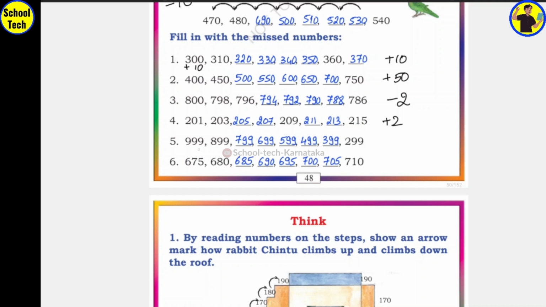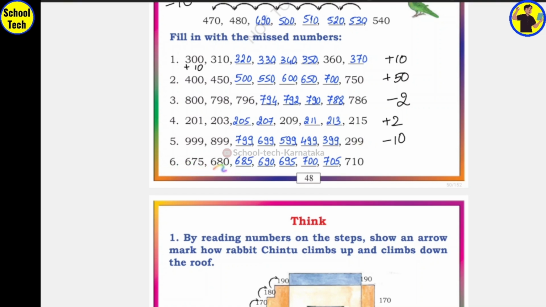So 999 minus 100 is 899. Here we are jumping 100 steps in the backward direction. Then 799, 699, 599, 499, 399 and 299.